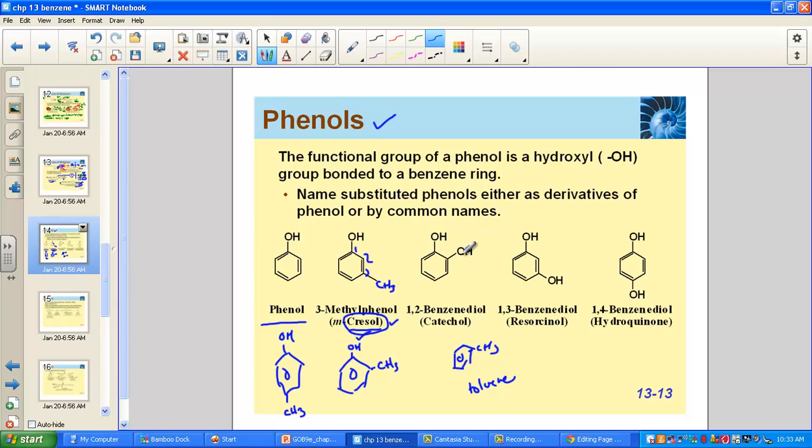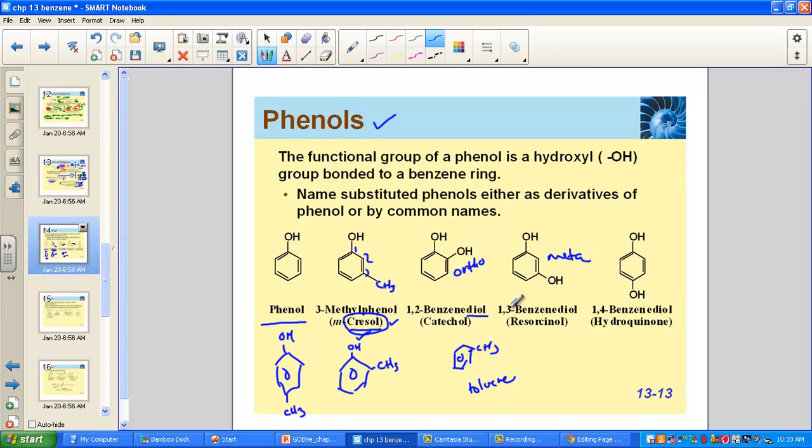What if we have two functional groups in which both are OH? Here, this diol represents two functional groups of an alcohol, OH, diol. 1,2-diol would be ortho-benzene diol.